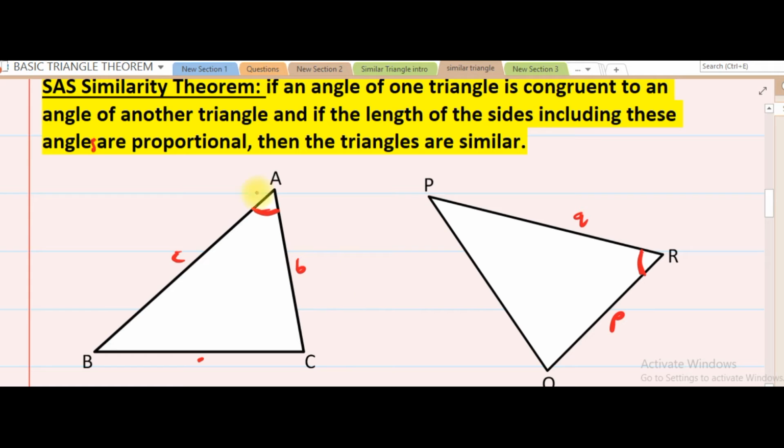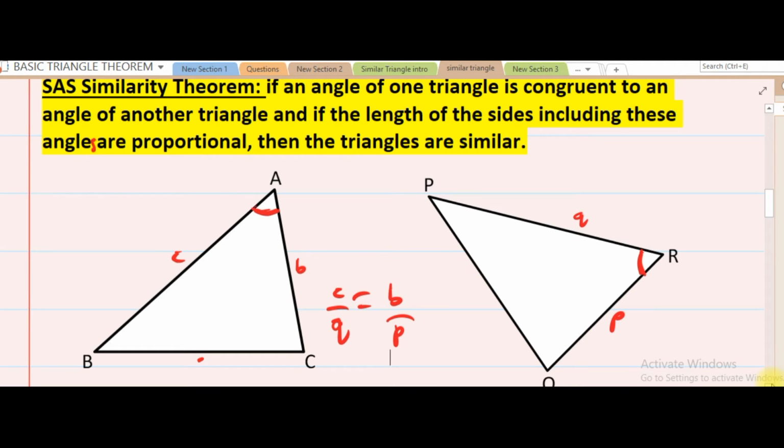So assume Q is proportional to C; if C over Q is equal to B over P, then they are similar. We'll still solve questions to illustrate this. So that's what it means.